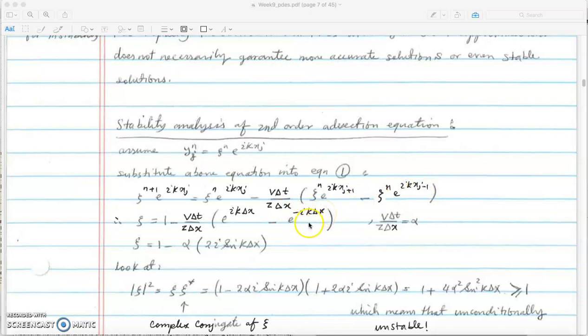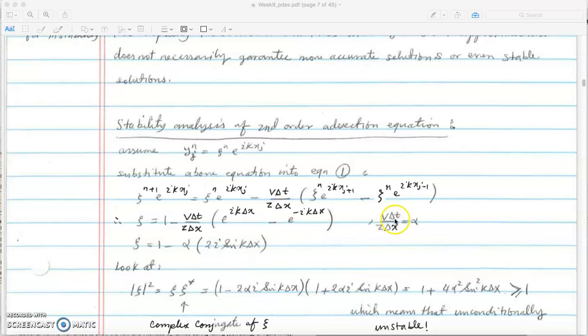Anyways, so now we can simplify this using Euler's formula for trigonometric functions. We get c equals 1 minus, we're going to replace this by alpha, just a change of variable as before.